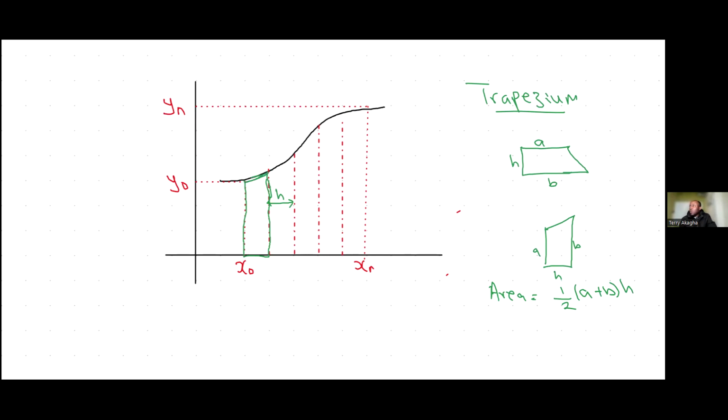Then you go to the next one, you see another trapezium here. This is 2. You go closely, you see another trapezium here. This is 3. You go again, you see another here. This is 4. And you go closely as well, you see another trapezium here, and this is 5. So that means basically we'll have 5 trapeziums.